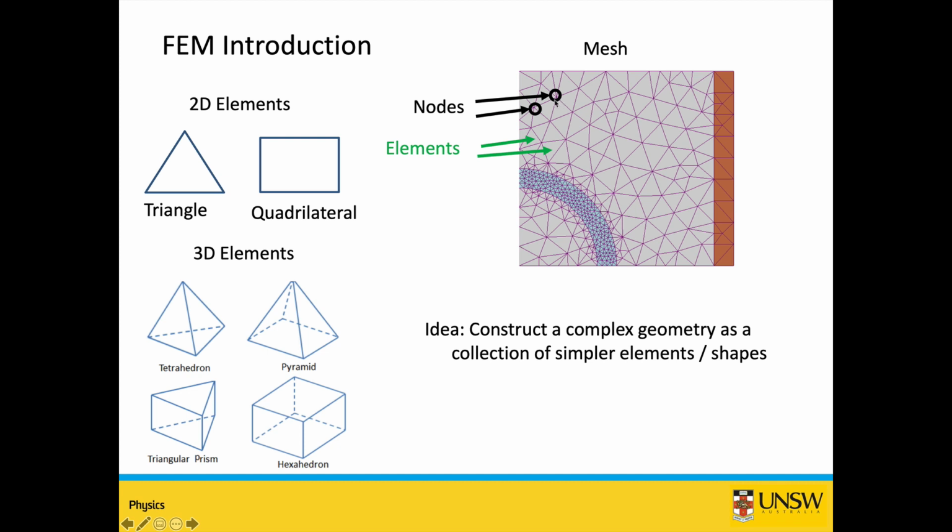Each of these intersection points are called nodes. These are the nodes in the mesh. When I have discretized the space in this manner, the whole region is called a mesh. And each of these triangular shapes are called elements. There are a finite number of these triangular shapes, so they are called finite elements.